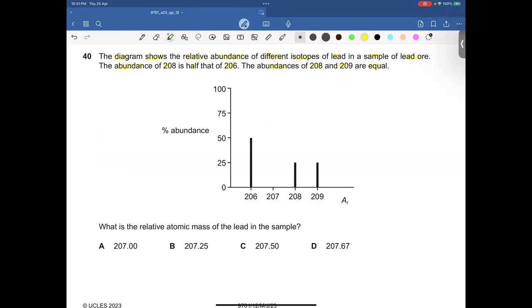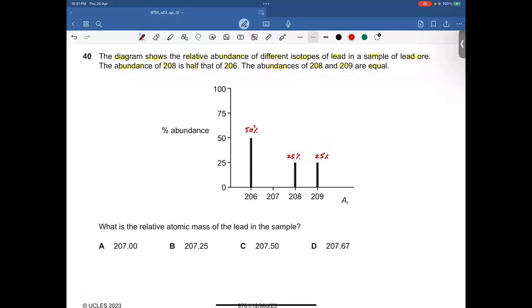So 206 is 50% abundance, and 208 is 25%, and 209 is also 25%, because the examiner is saying the abundance of 208 is half that of 206, and 208 and 209 have equal abundances, that is 25%.